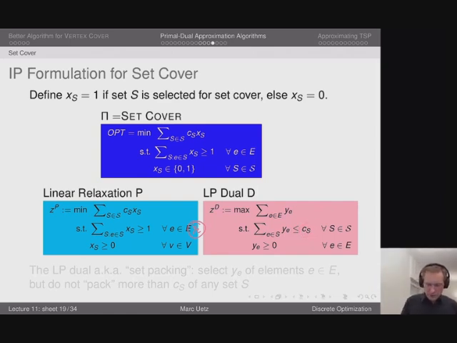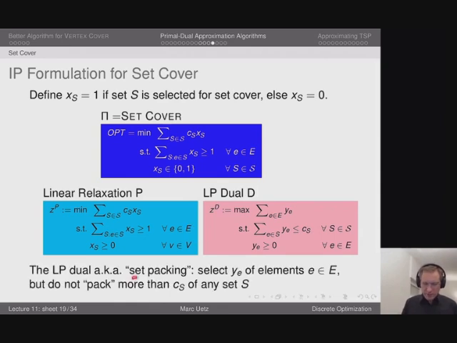Okay, so the dual is also known as a so-called set packing problem, but this is not so important now. We select fractions ye of elements E, but we are not allowed to overpack any of the sets, so we are not allowed to take more than cS, the cost of that set S, for a given set S. So all the elements in set S summed up, I can only take at most cS of that.